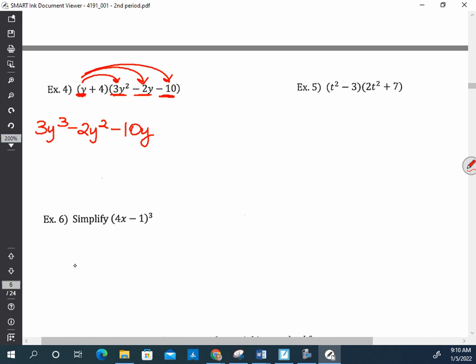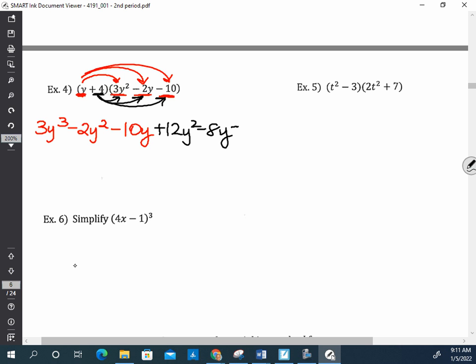So that's the first distributing. Now you got to distribute the 4. You do the same thing with the 4. So 4 times 3y squared, 12y squared. 4 times negative 2y, negative 8y.